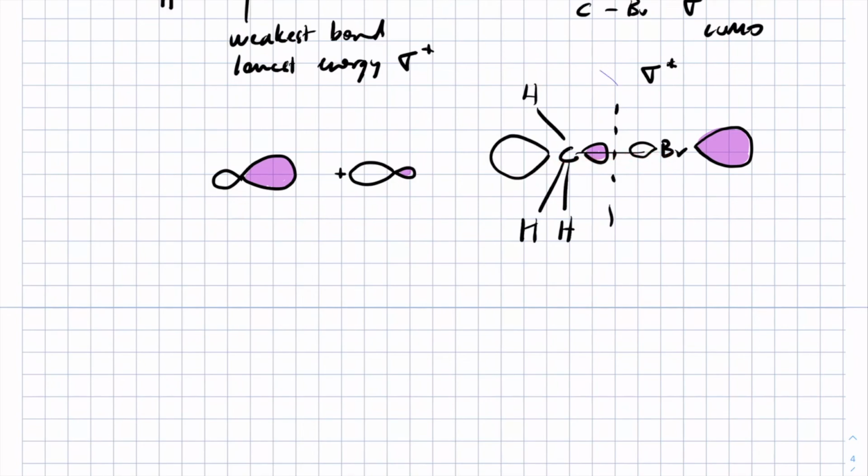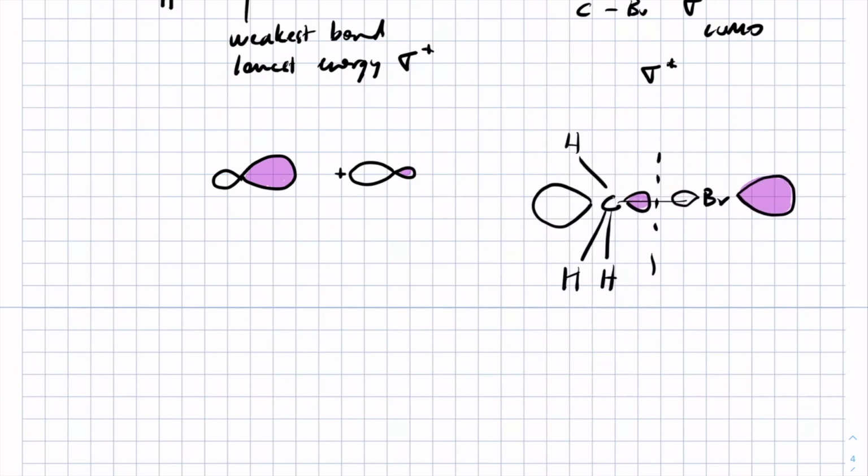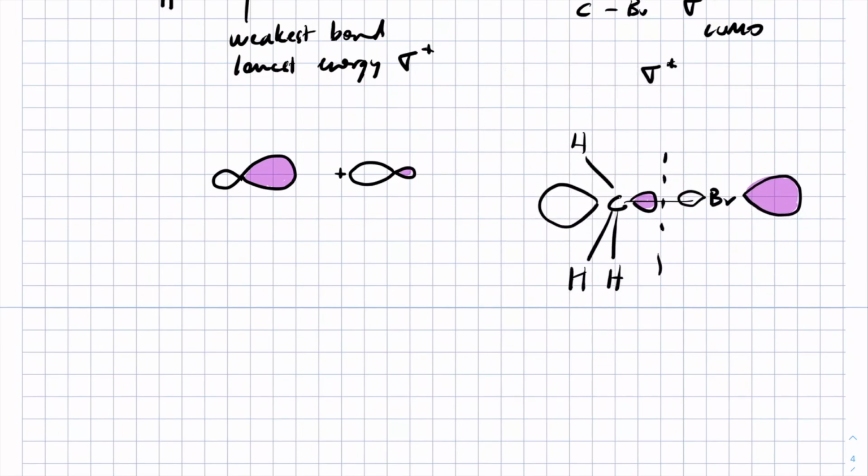Now, it's not exactly apparent at this stage, and we'll need to talk about it later, but if you were to have a nucleophile attack this sigma star, it would do so at the carbon from the opposite side, because that's where most of the LUMO is. All right. We need to deal with what happens when a nucleophile attacks an antibonding orbital. Short story is the bond breaks. But we'll need to do that next time.